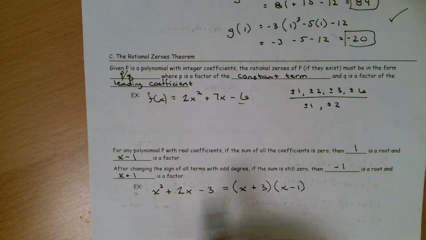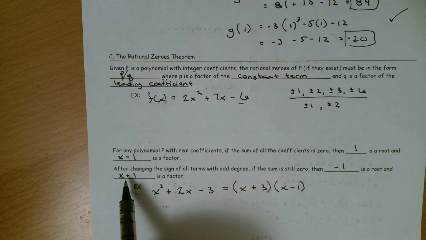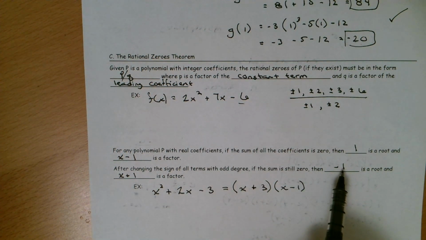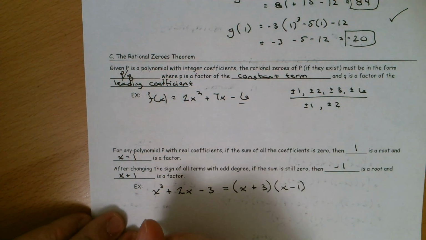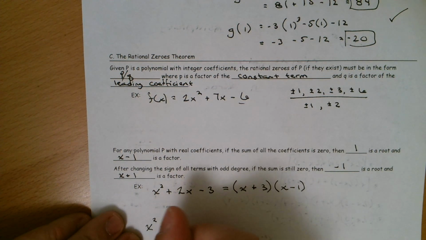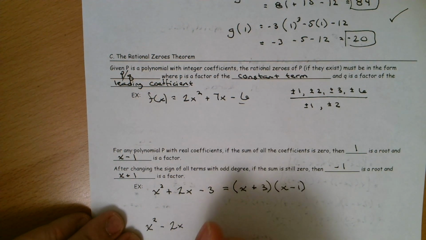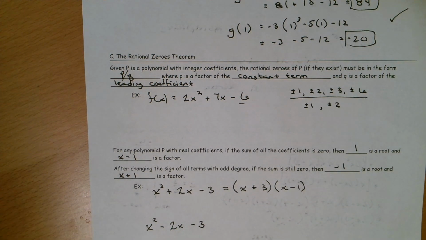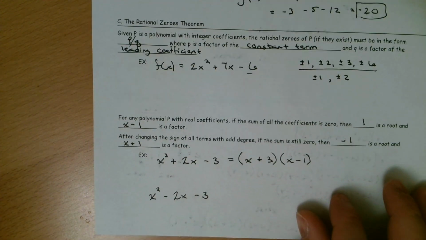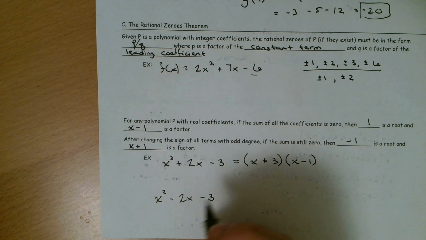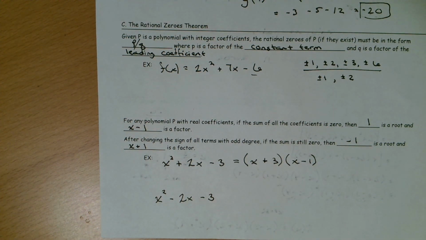So let's try it with this to see if we can make an example where -1 is a 0. Let's say we start with the function x squared minus 2x minus 3. Now we have to change the odd degree ones, so I like to use a different color to do that.